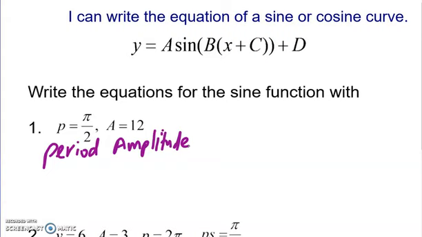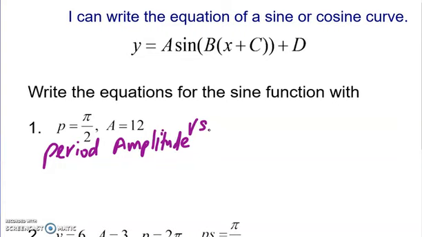And then the amplitude is the distance from the center line. So how high above the center line it goes or how far below the center line it goes. Then what's missing is we don't have a vertical shift. Remember, the vertical shift is if the graph is moved all the way up or all the way down a certain distance.